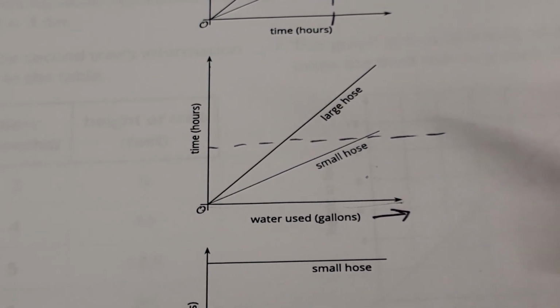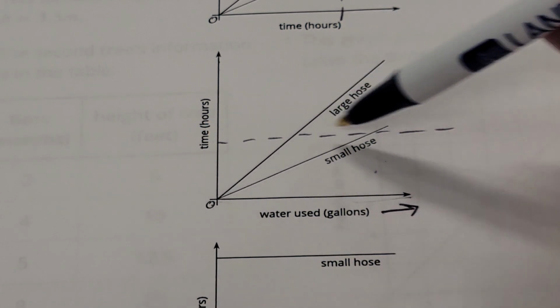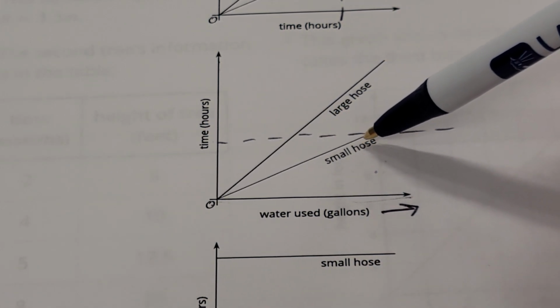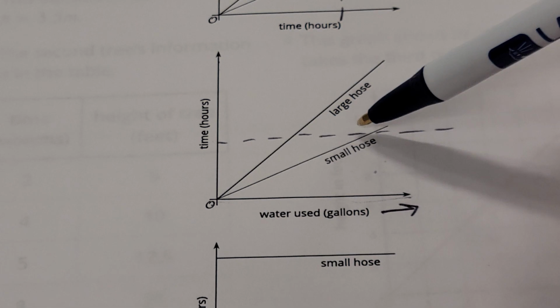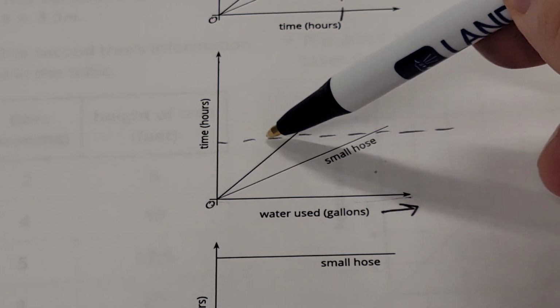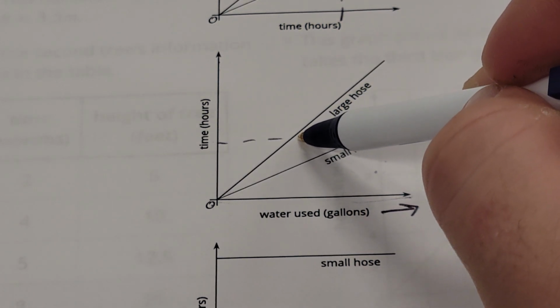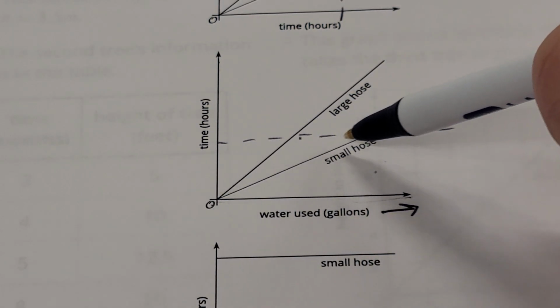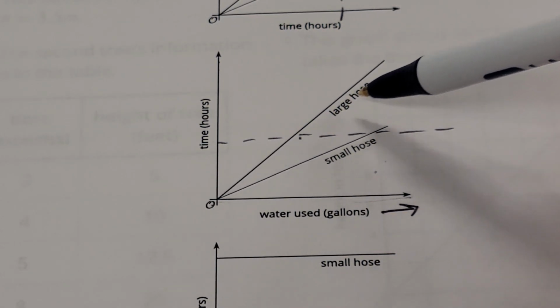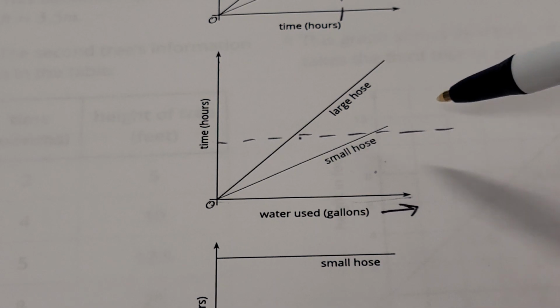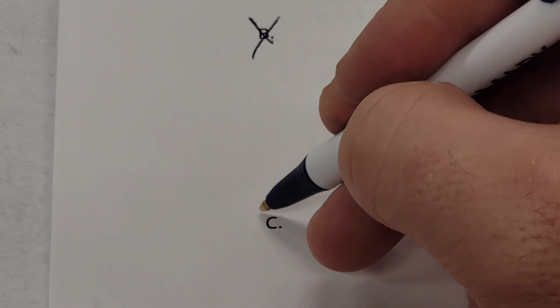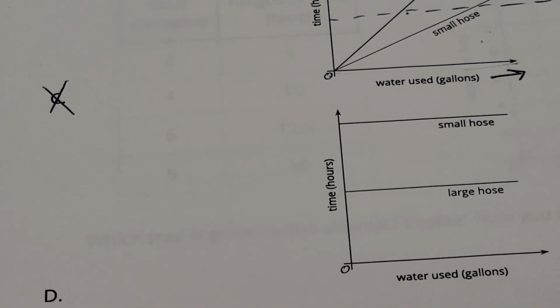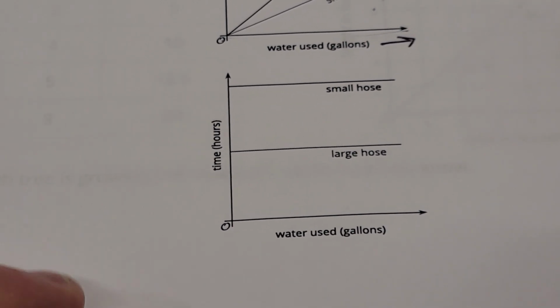Whatever line is going further right means more water. So in this case, the large hose at whatever time period is less water. The small hose is more water, so that's not a good scenario. The large hose should have more water.